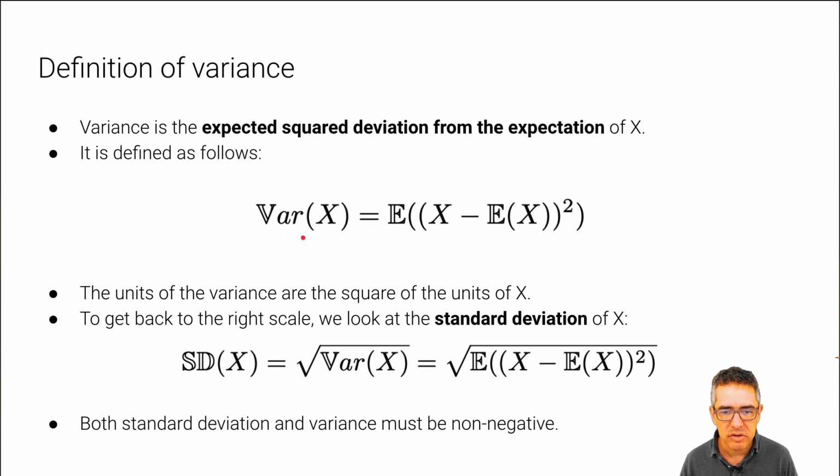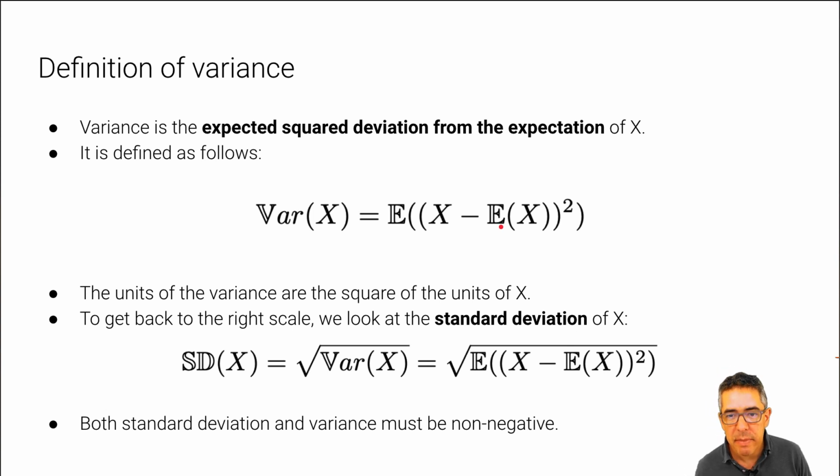So this is the definition of variance. We take the expected value of the deviation of x from its expected value. So x has an expectation E of x, and we ask, what is the difference in general between x and its expected value?